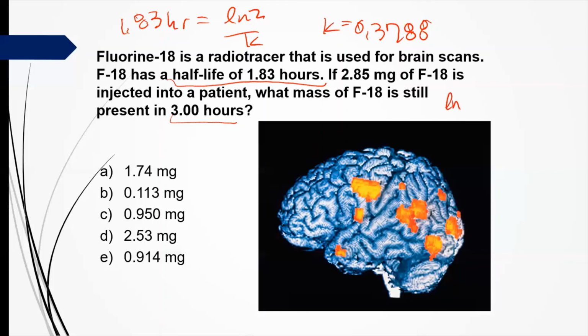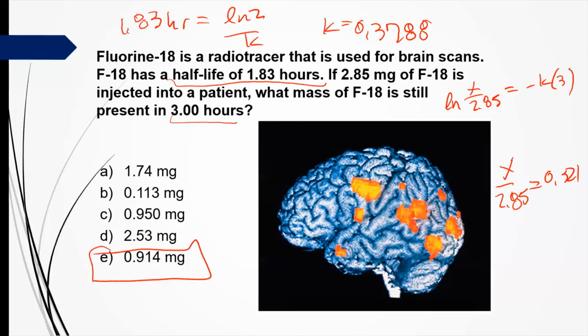So ln of x over 2.85 is equal to negative k times t, and my t is 3 hours. So I multiply that by 3, take e to the negative value of it, and so x over 2.85 is 0.321. And so I have 0.914 milligrams, and that's what I'm looking for.